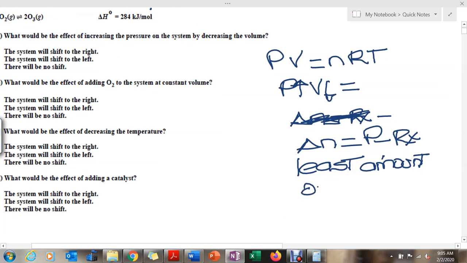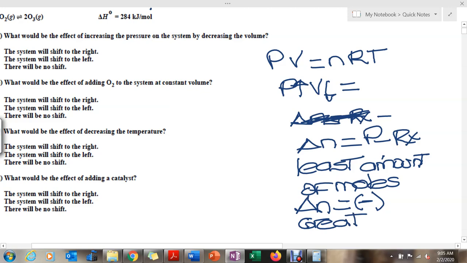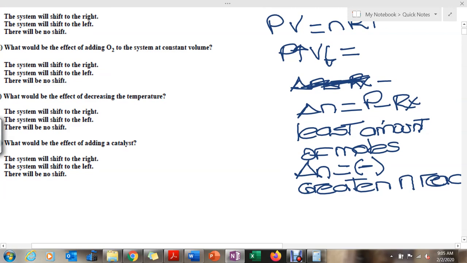of moles. So that means that if you have delta N negative, that means that you have products minus reactants, and you have a greater amount of moles in the reactants than products.